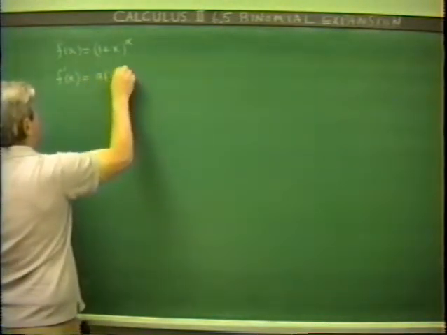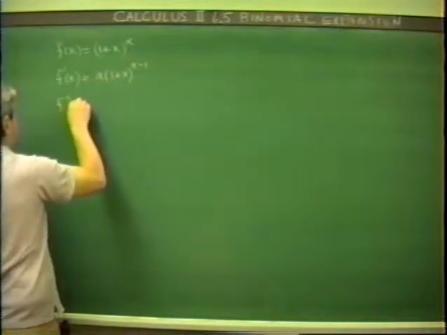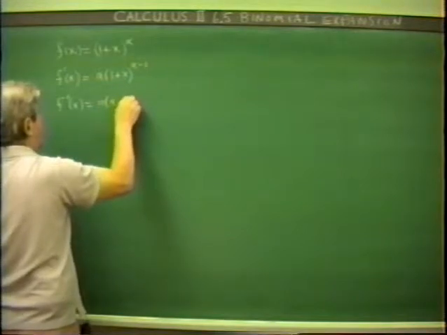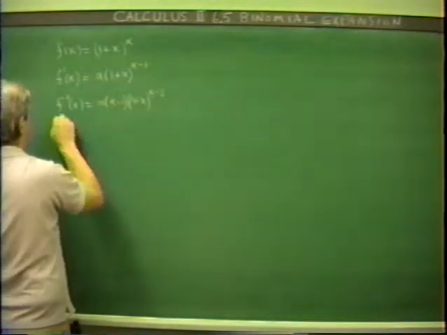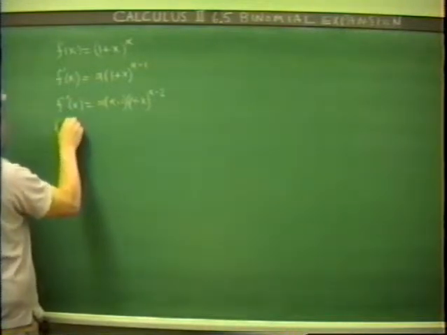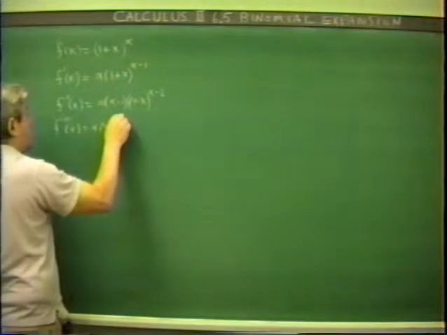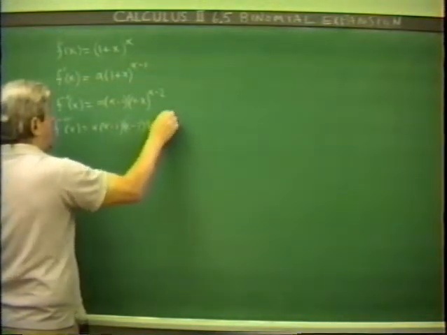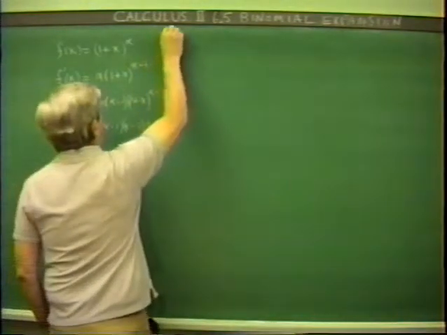F prime of x is going to be alpha times 1 plus x to the alpha minus 1. The second derivative is going to be alpha times alpha minus 1, 1 plus x to the alpha minus 2. Similarly, the third derivative is alpha times alpha minus 1 times alpha minus 2, 1 plus x to the alpha minus 3.